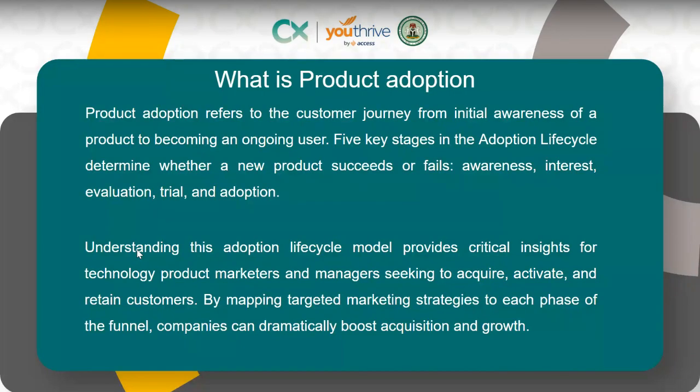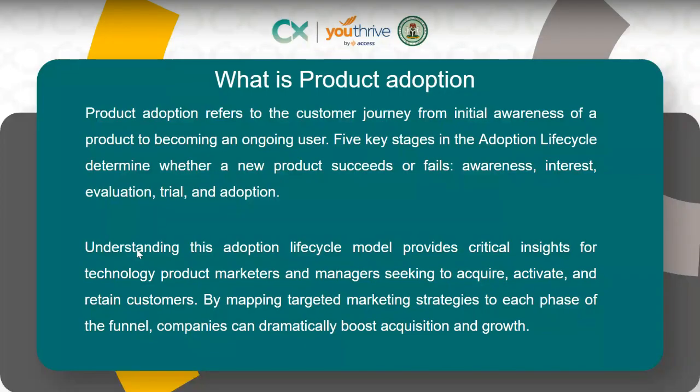So it's pretty much the period where your customer discovers your product, how they even encountered your product in the first place, to the point where they become a constant, committed user of your product. All right. So that customer journey is what we call the adoption process.